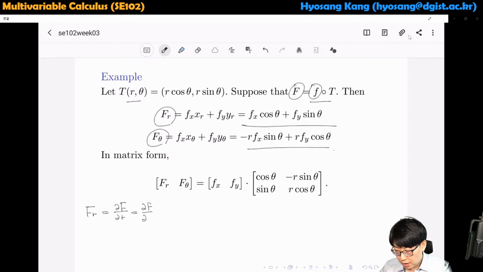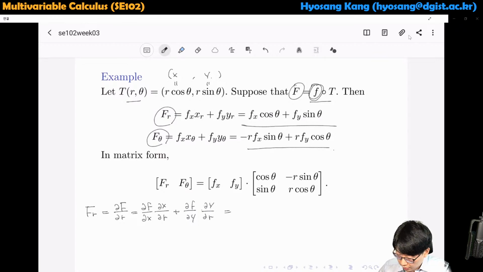So here we have intermediate variables x and y. T sends (r, theta) to (x, y), and f is a function of x, y, so I need x here. We are taking a partial derivative by r, so r comes last, and ∂f/∂y and ∂y/∂r.